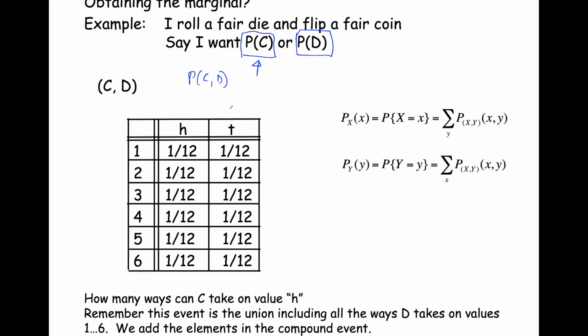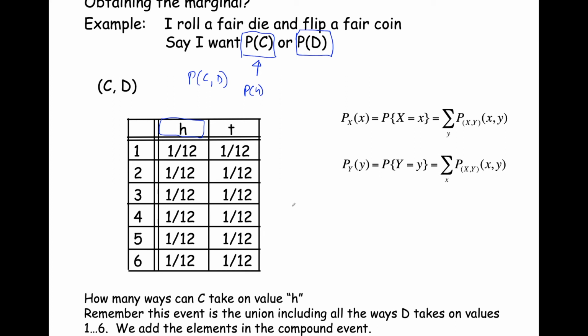Essentially what we need to think about is how many different ways for this joint distribution our random variable C can take on a value, say heads, if we wanted to calculate, for example, the probability of heads. Well, we have the heads column here, and now we look at all the different ways that this two-vector can have an H, a heads, for the value taken on by random variable C for the coin flip.